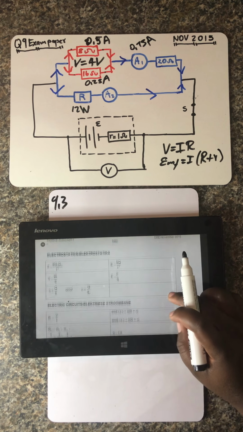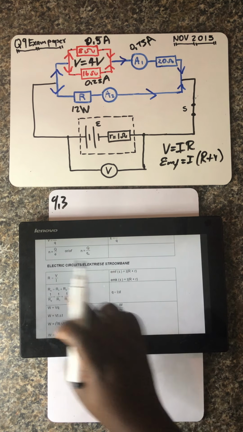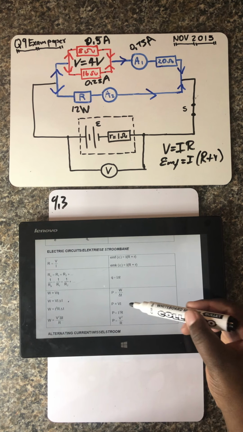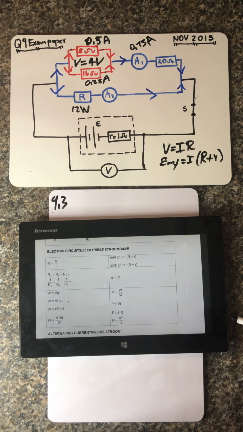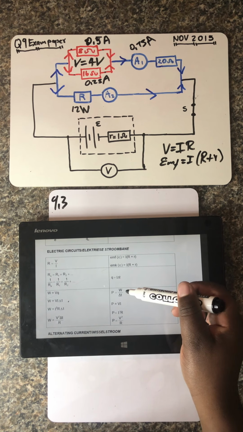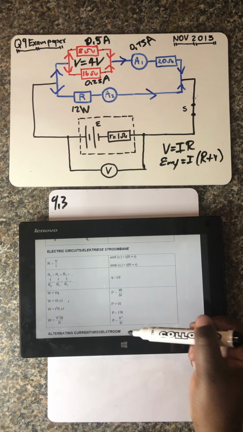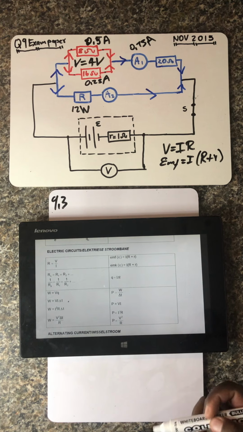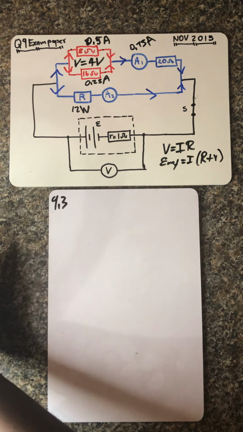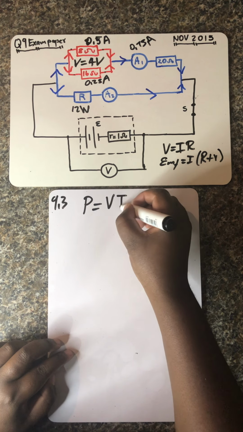You've got a lot of formulas, of which you need to be careful which formula to use. These are the formulas that we use when it comes to circuits. I think it would be best to just go for the simplest formula. In some cases you might need to use a different formula. Also for this question, you might do it differently, but I just want to show you the simplest way of doing it. So there you've got P, which is equal to VI.